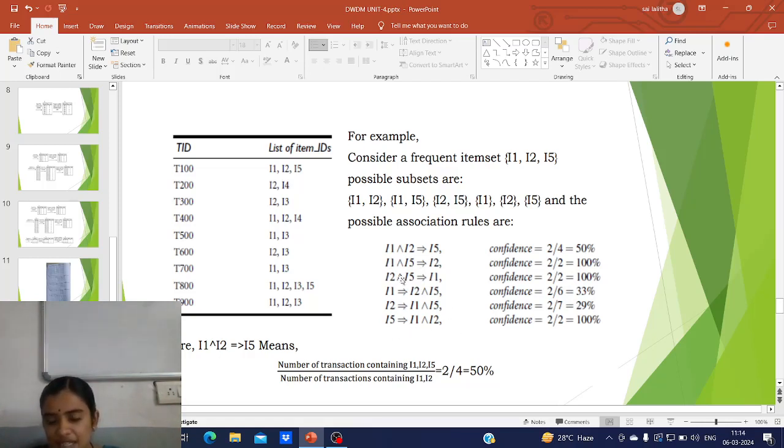So these three sets satisfy the minimum confidence. So you can say that it is a frequent item set, and at the same time it is also satisfying the association boundaries. Definitely the item set must satisfy the minimum support criteria and the minimum confidence criteria. Based on that, we can say that the items have a strong association between them.